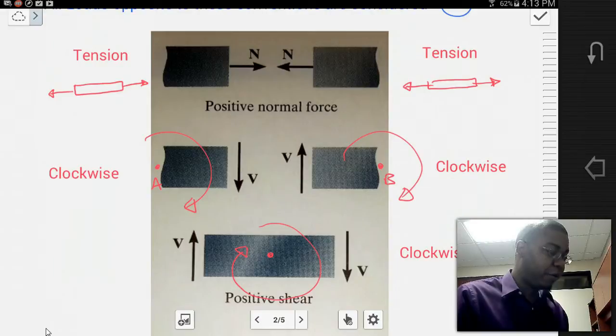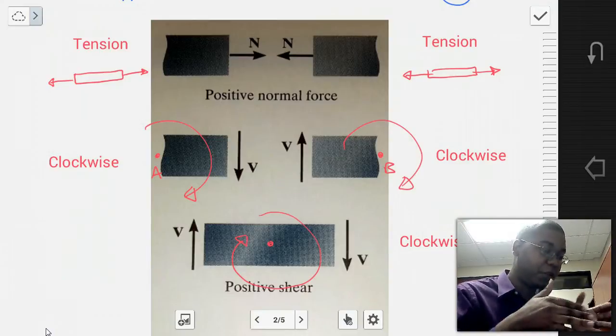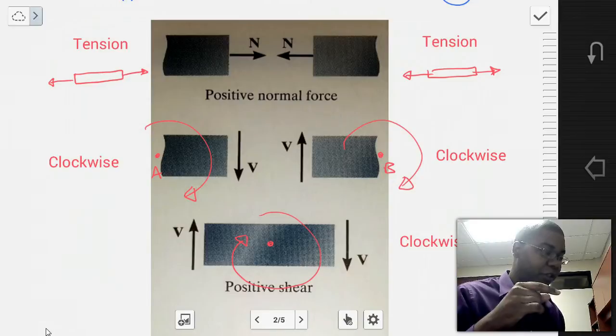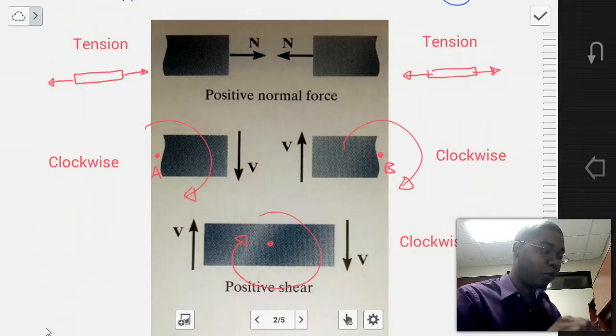Also notice that if we were to take a double section, so say we sectioned both ends of a beam and took the central section, the shear forces create a clockwise sense of rotation. It's very important for us to be able to distinguish the positive sense for shear forces.